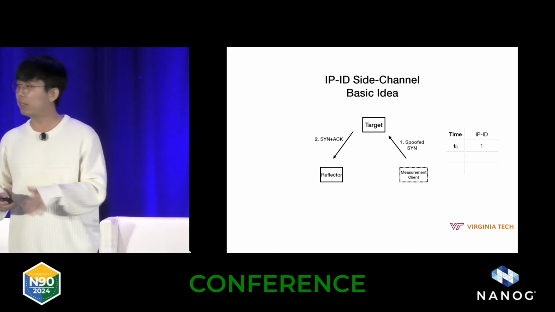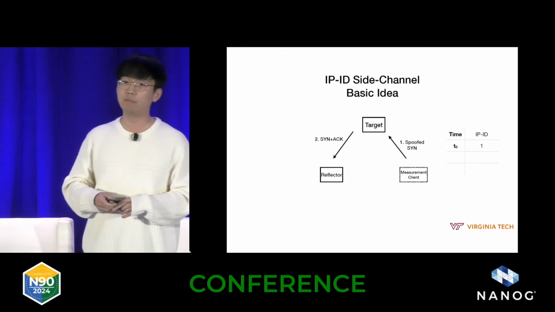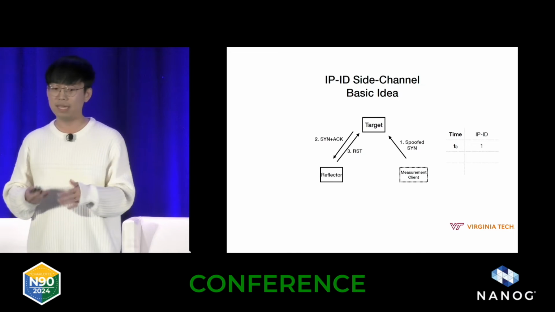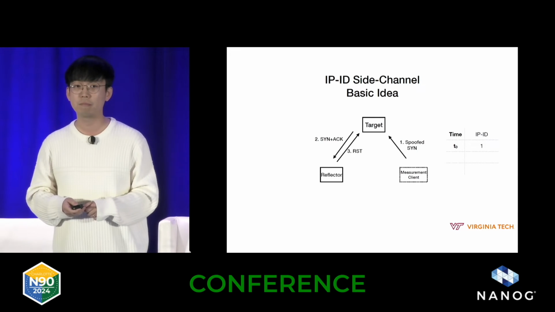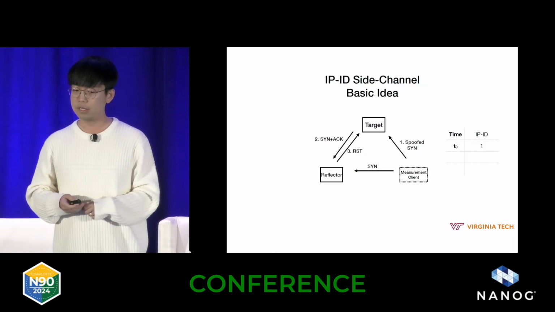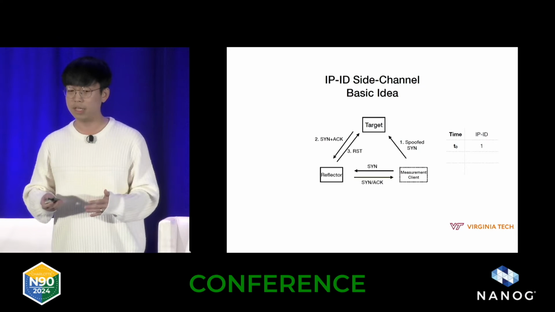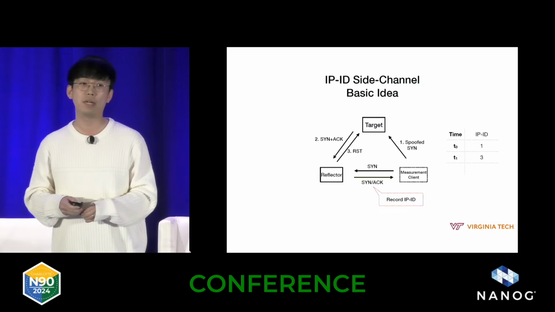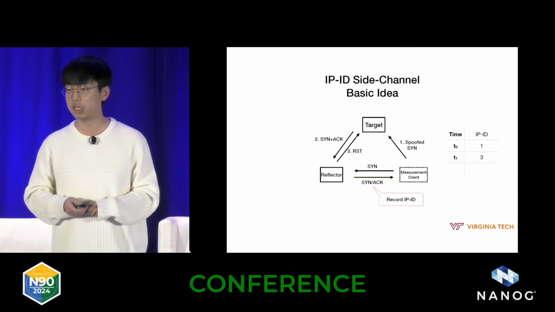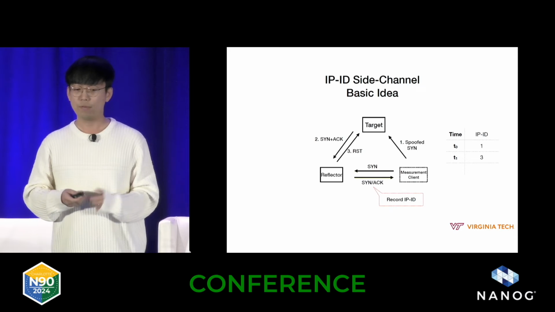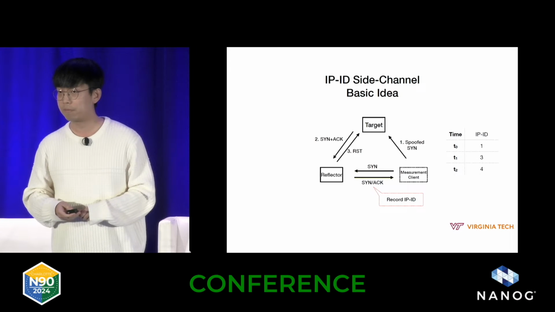As I showed you earlier, the reflector has never initiated the communication, so it will complain, hey, I never initiated this conversation, by sending a reset packet. If we measure the IP-ID value of the reflector again, we can confirm that it is incremented by 2, because the reflector just sent a packet to the target. So if we measure again, it will be just 4.